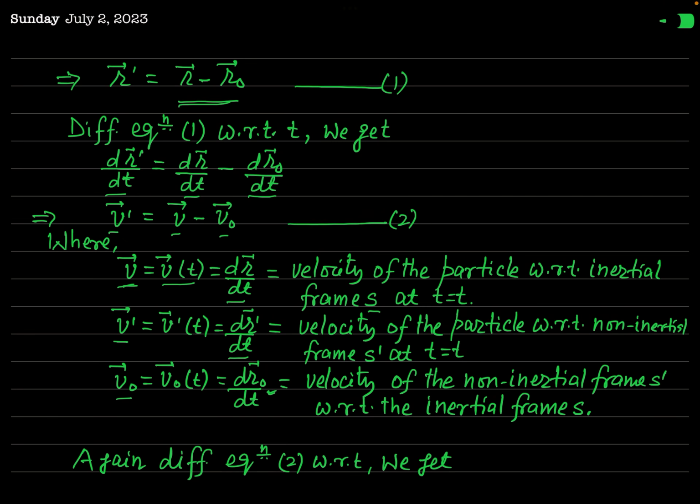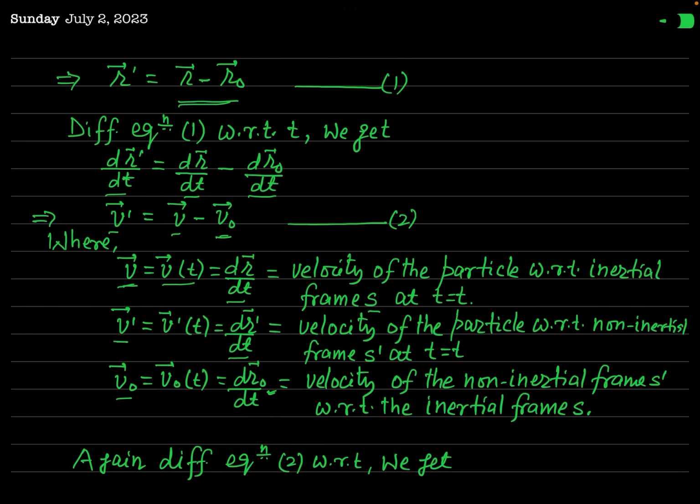So v naught is not the velocity of the particle, it is the velocity of the non-inertial frame, mark it, with respect to the inertial frame. Okay. So in this way we have related all these three velocities. Two velocities are of the particle, and this v naught is the velocity of the non-inertial frame.